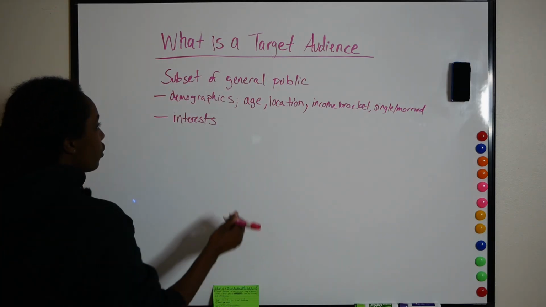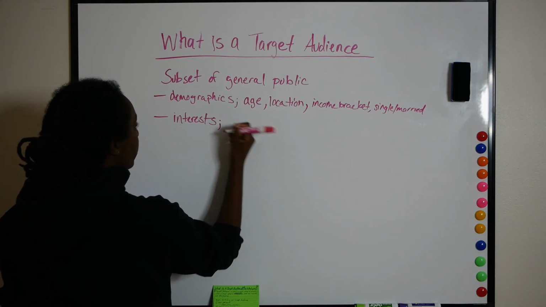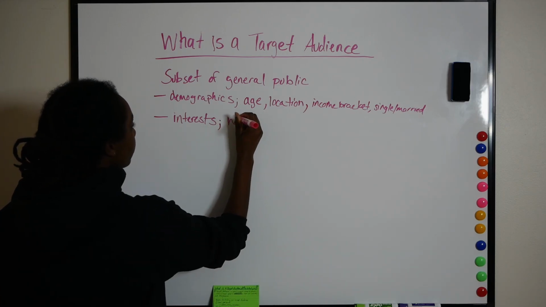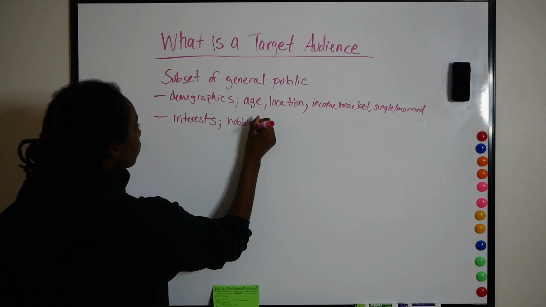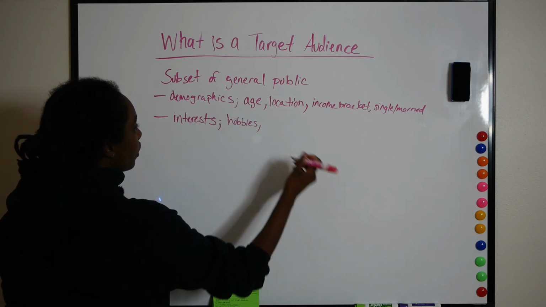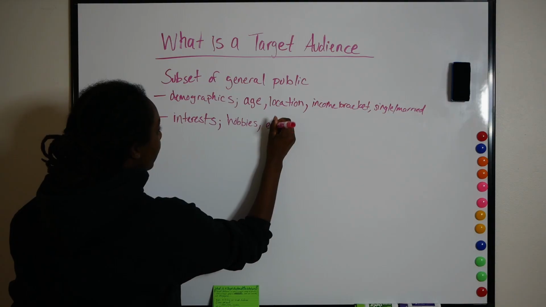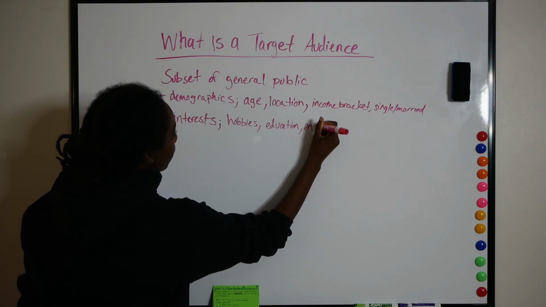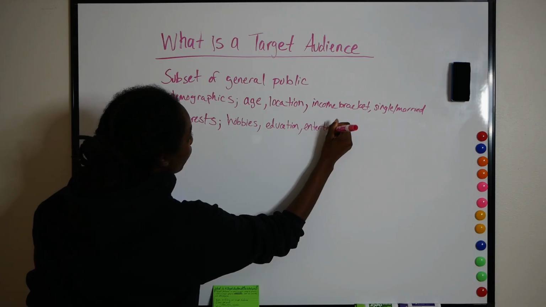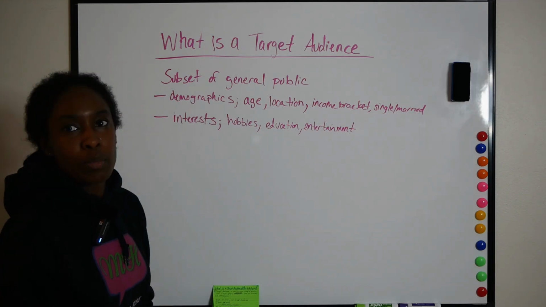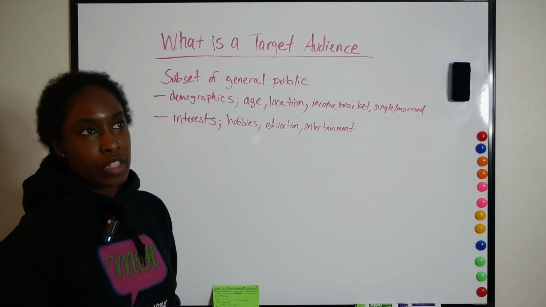And then interests, of course, that's gonna be like hobbies, education, entertainment. Basically, you want to look for things that are going to be relevant to the product or service that you're providing.